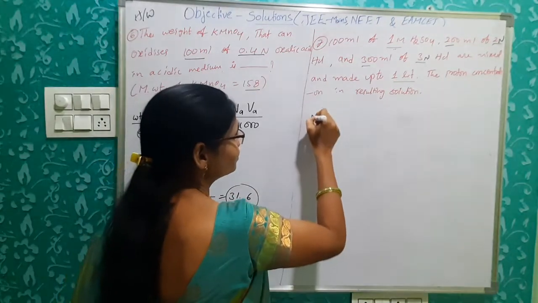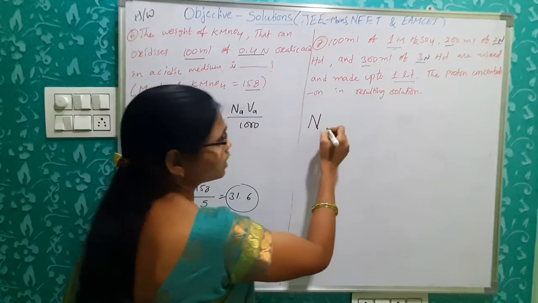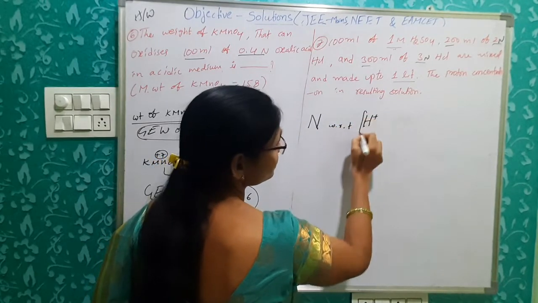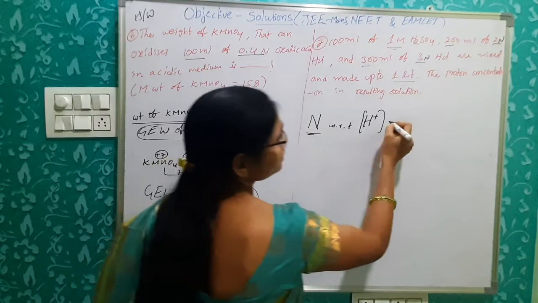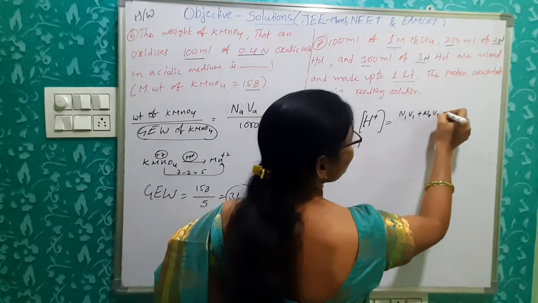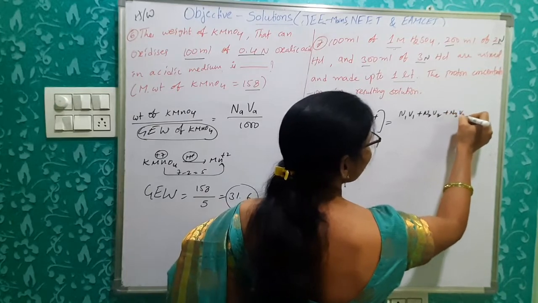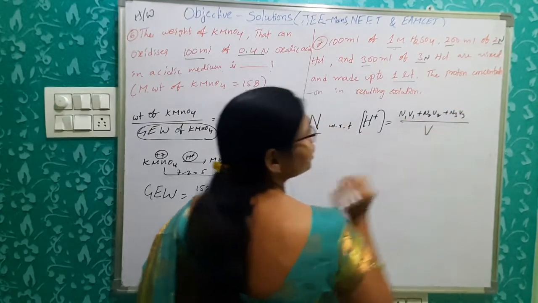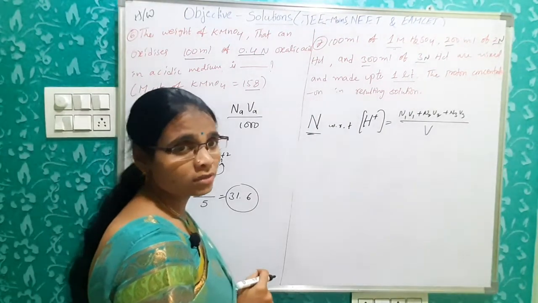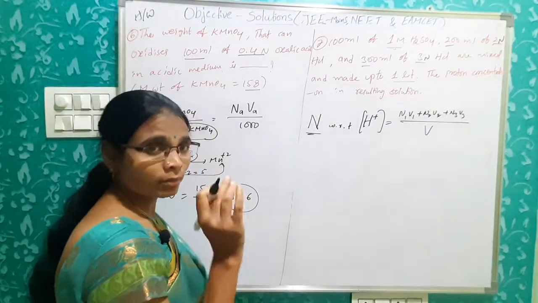So simple, proton concentration is nothing but normality with respect to H plus ions. Okay, so that is simply N1V1 plus N2V2 plus N3V3 by total volume, made up to 1 liter. So instead of V1 plus V2 plus V3, you have to take the total volume, capital V, only.